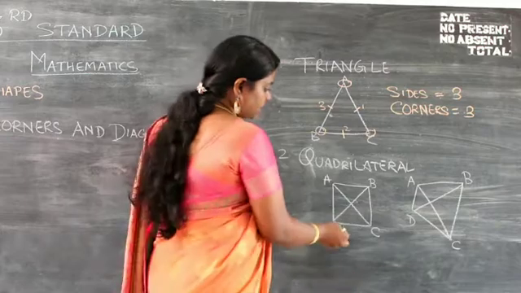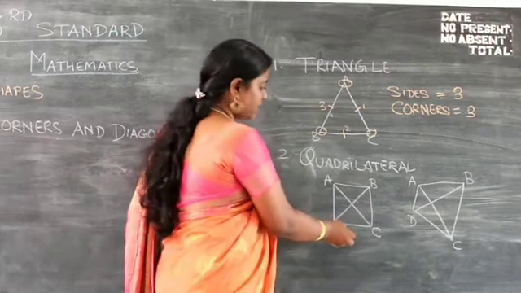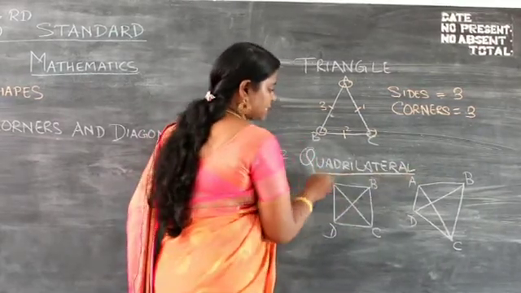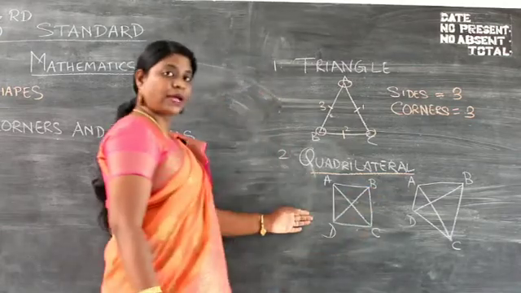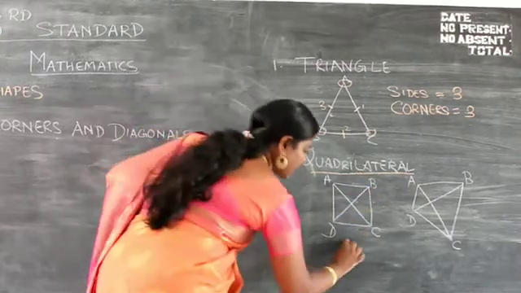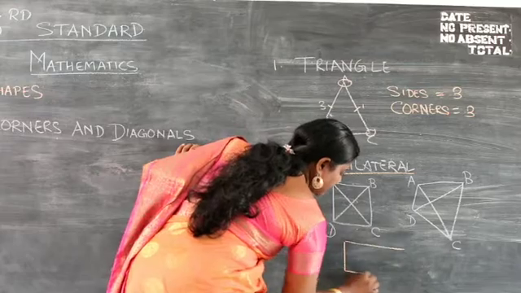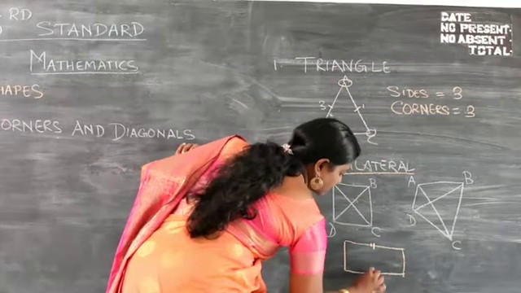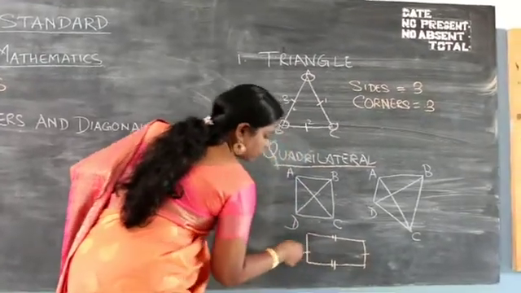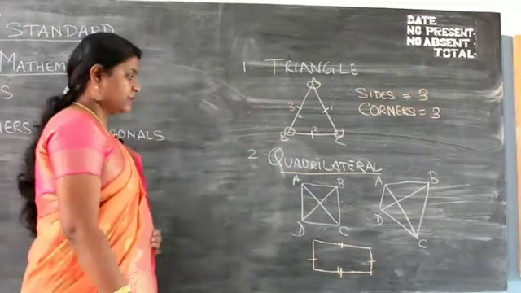See, this is a square, right? Any quadrilateral which has equal sides is a square. You also know any quadrilateral that has two sides equal, that means this side is equal to this one and this side is equal to this one, then it is a rectangle, right?